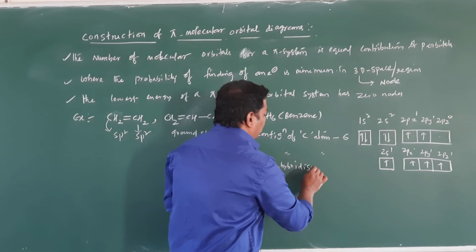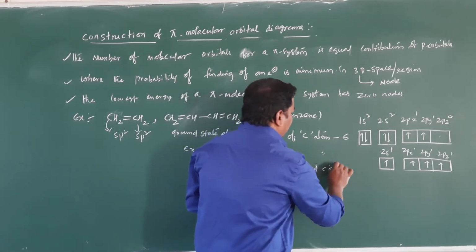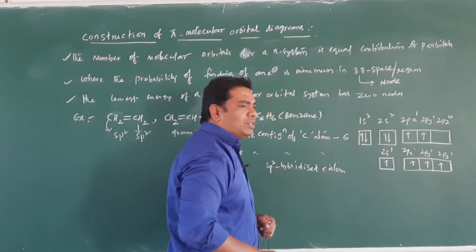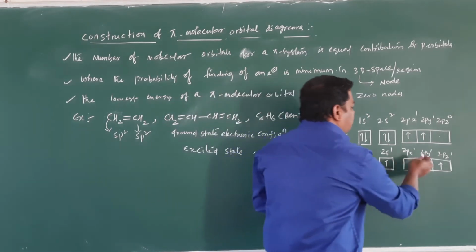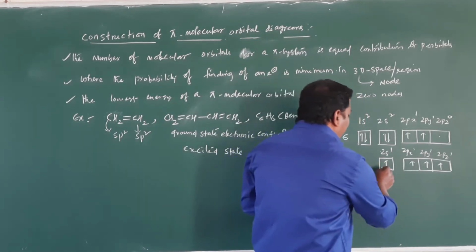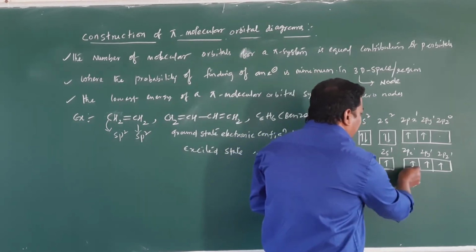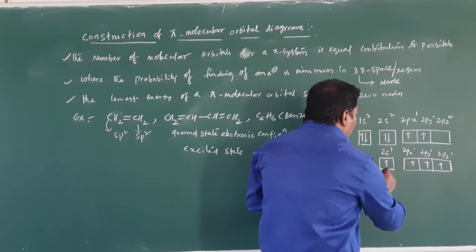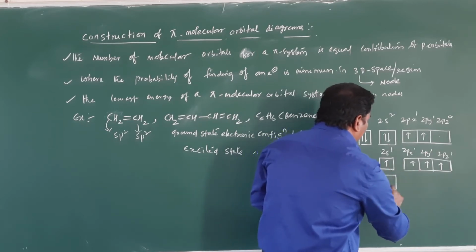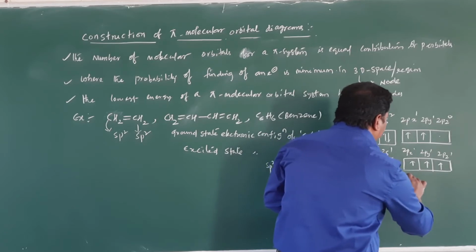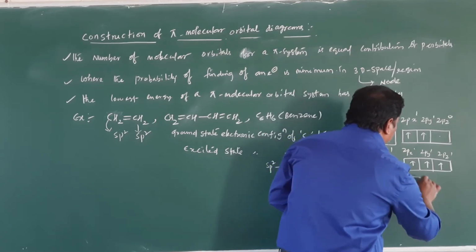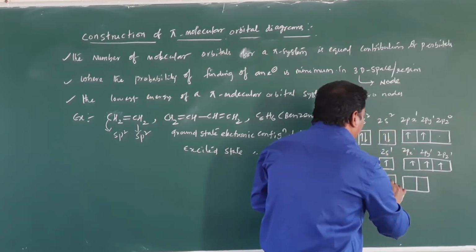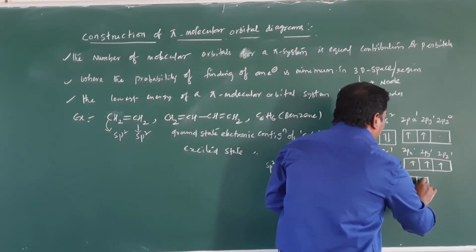The sp2 hybridized carbon atom I will write over here. Right. So how does the sp2 hybridized carbon atom form? The combining of one 2s orbital and two 2p orbitals hybridize to give three orbitals.